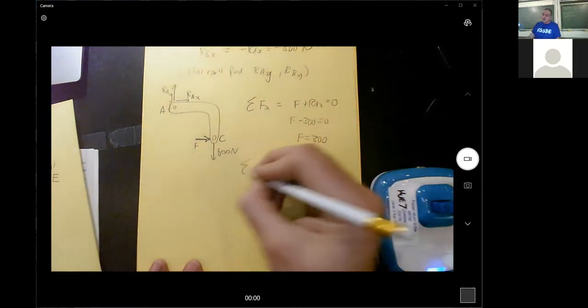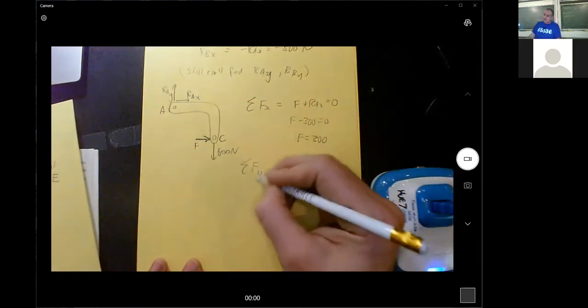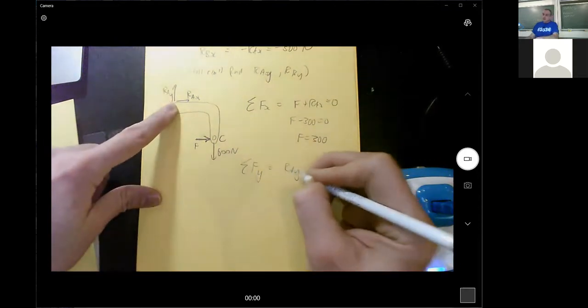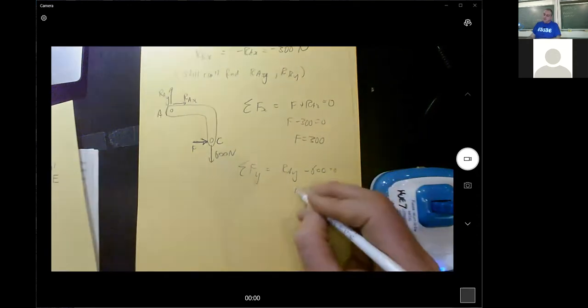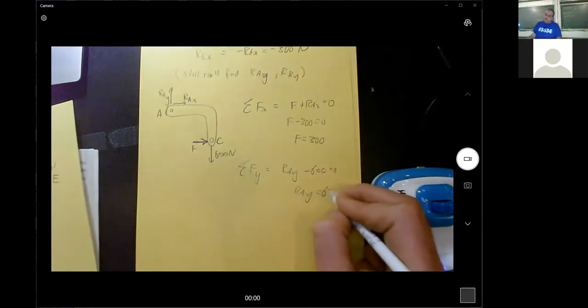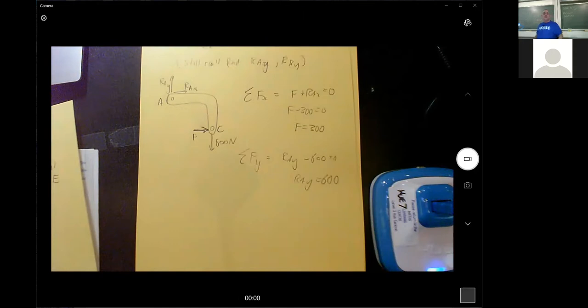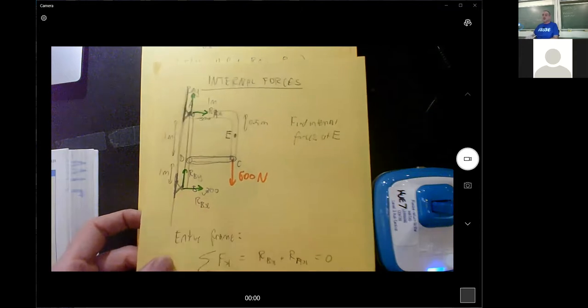And then, yay! So I figured out RAY after all. Awesome, which means that RBY has to be 0 because these two, no, it has to be minus 600, it has to be pulling down.